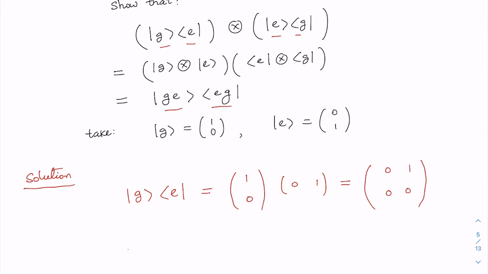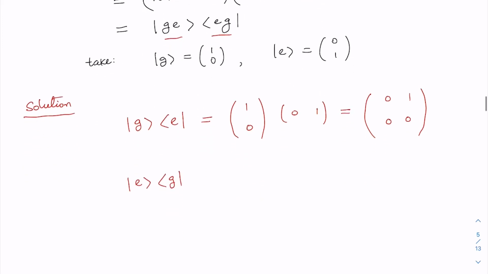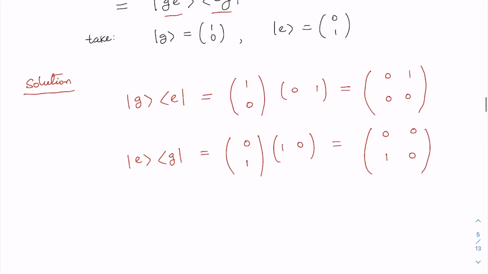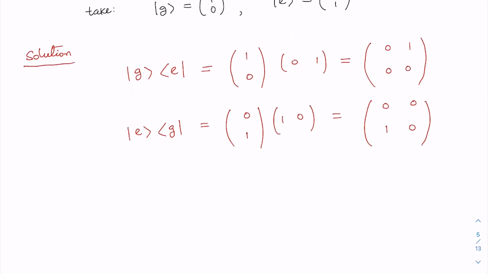And then the outer product of ket 1 and bra 0, that would be ket 1 is 0 1 and bra 0 is 1 0. So therefore I will have 0 0 1 0. Okay, now let us take the tensor product or direct product.